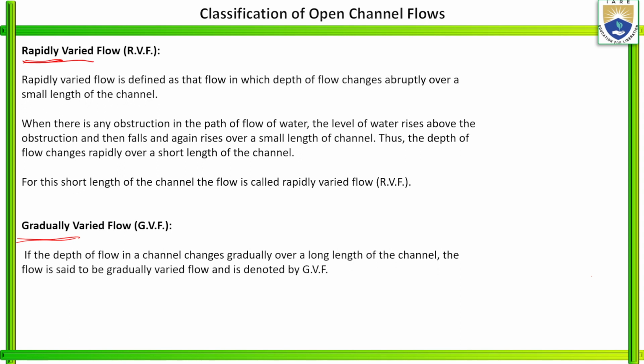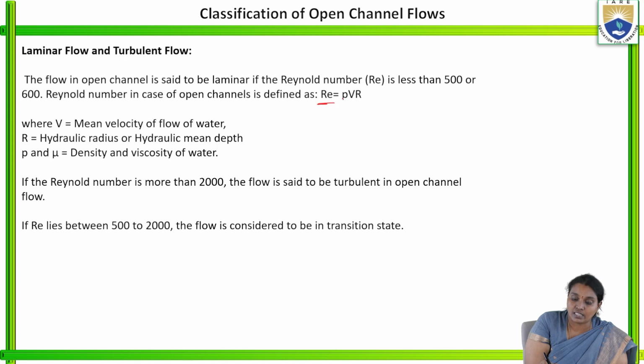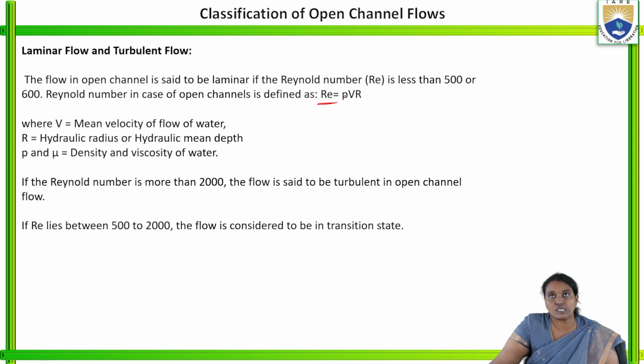So gradually varied flow: if the depth of the flowing channel changes gradually over a long length of the channel, the flow is said to be gradually varied flow, and it is denoted GVF. Rapidly varied flow is RVF. Classification depends upon the Reynolds number. Based on the Reynolds number, we classify the open channel flows.